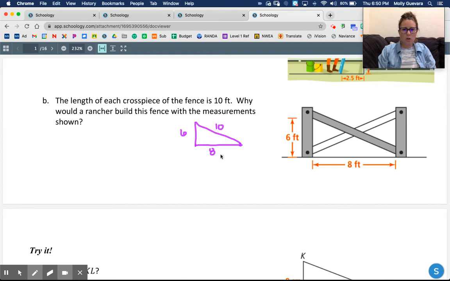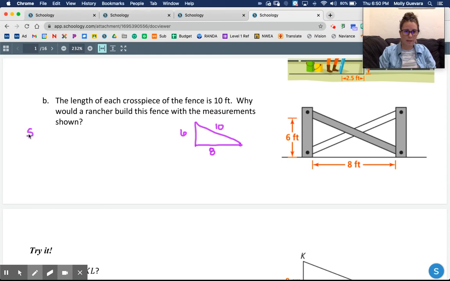Okay, so the first thing that sticks out is that this is what we just talked about with the Pythagorean triple. If I were to divide each of these numbers by 2, I would have a 3, 4, 5 triangle.